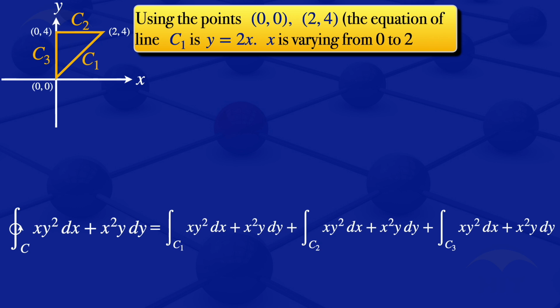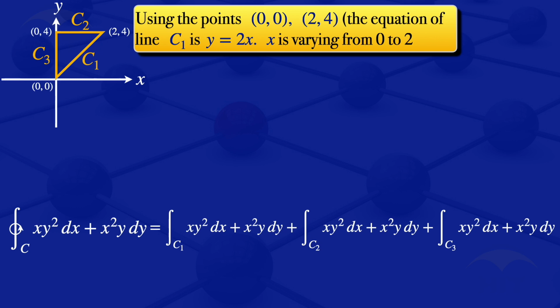So to get the equation of that line, we know y equals mx plus c, the equation of a straight line. What we just need to do is to get the gradient of that line. Since it's passing through the origin, the c will be 0. For the gradient, it will be 4 divided by 2, the coordinates at the other endpoint. So the gradient of that line will be 2.